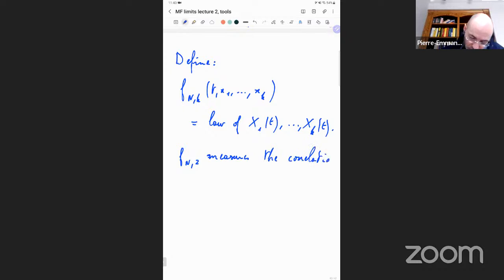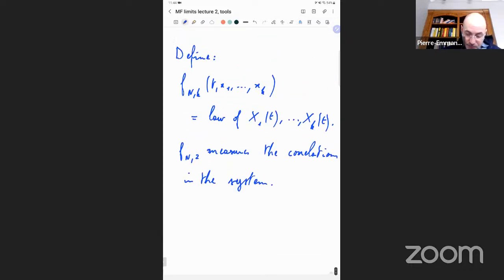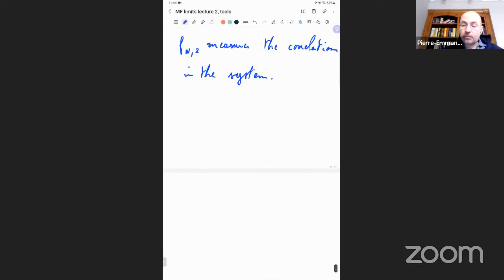in the system. It measures the correlation because it's the law of x1, x2. So you'll get some measure of how much x1 is correlated with x2. Right? Makes sense.